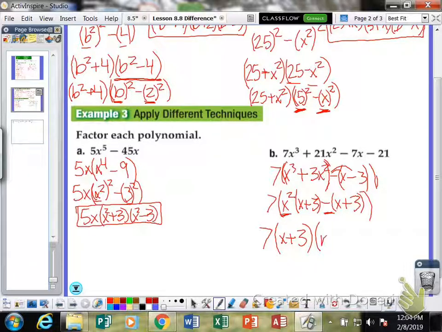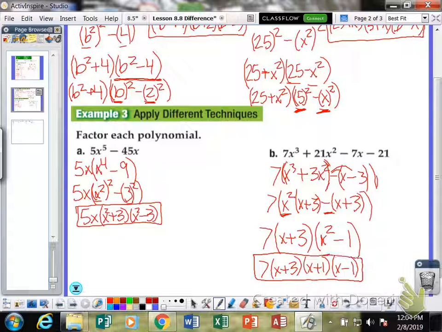So it would be x squared minus 1. Now notice x squared minus 1 is again a difference of squares. So I can rewrite that 7 times x plus 3, and it would be x plus 1 times x minus 1. And that is my final answer there.